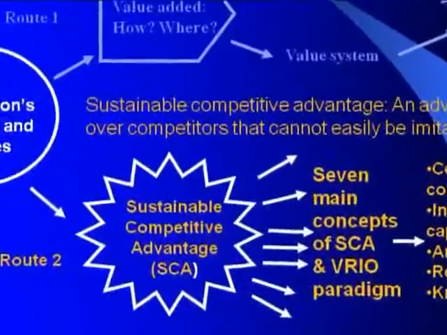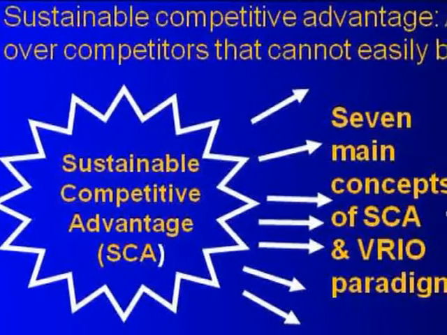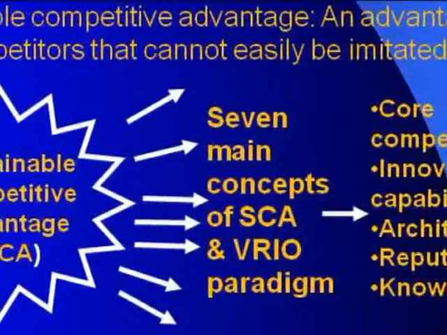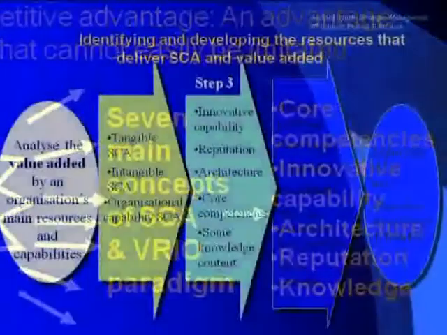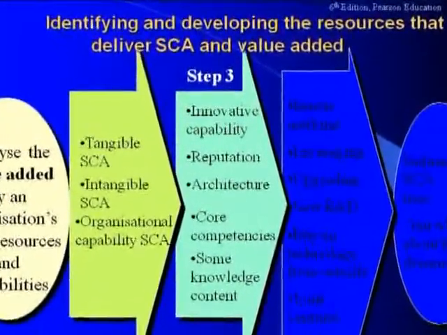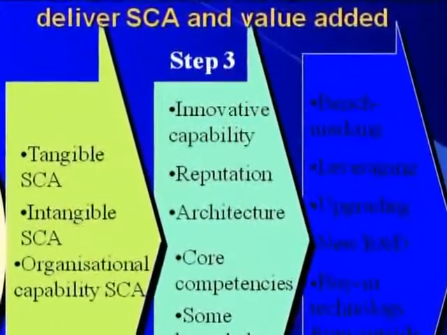Importantly, there is no general agreement on what constitutes the best single approach to the development of sustainable competitive advantage. 2 general approaches have proved useful. Distinctive capability from John Kay, which includes 3 areas. Number 1, architecture. Number 2, reputation.